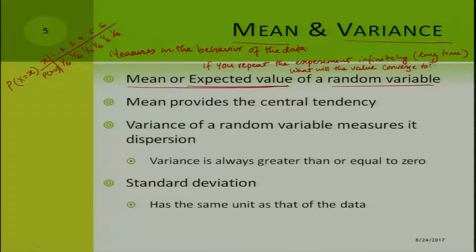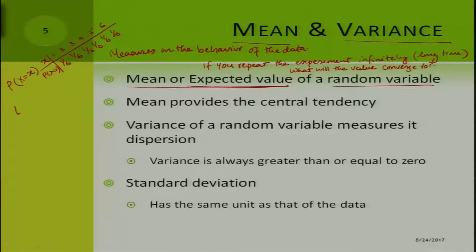Okay. So, you roll a die, get a value, note it down. You roll another, take a value, note it down. You keep on repeating this, and you take those values and you average them. What would that value be? Okay, that is called the expected value.